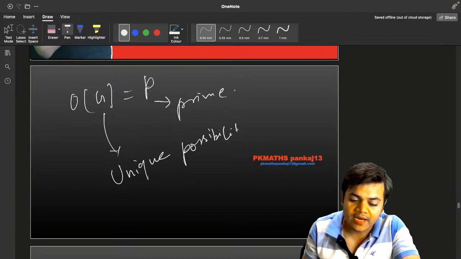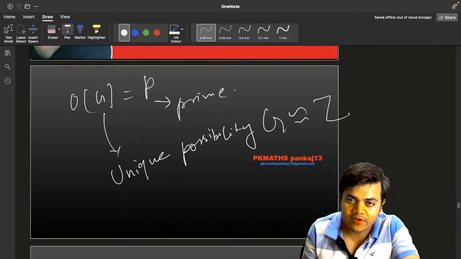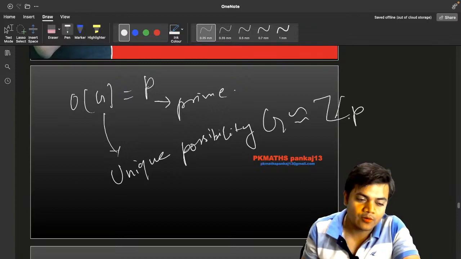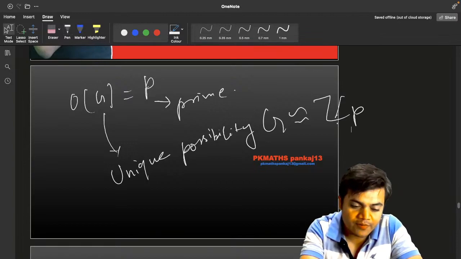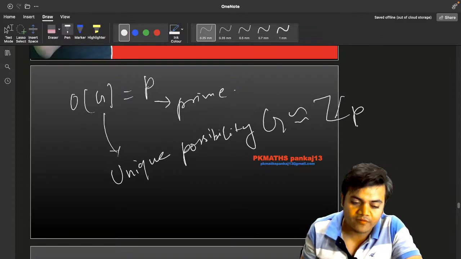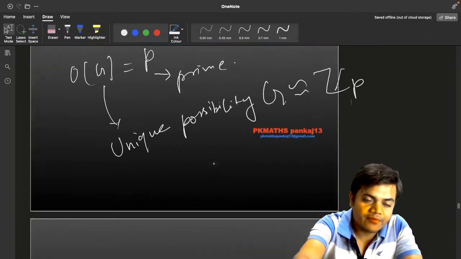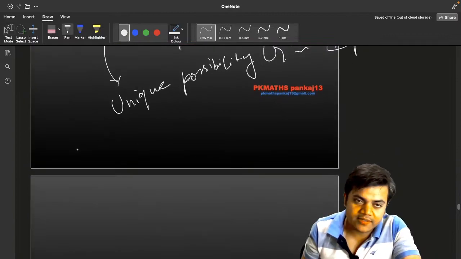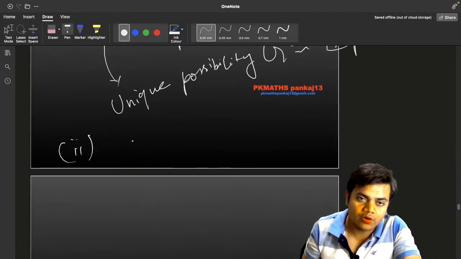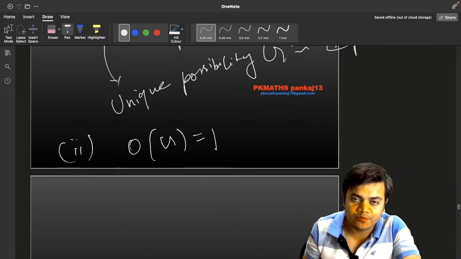We have the unique possibility that our G is isomorphic to ZP. And what is the second case? If we have the order of the group G equal to P square.